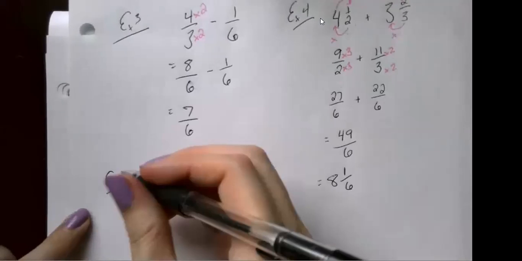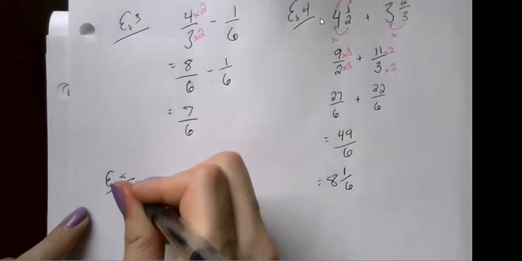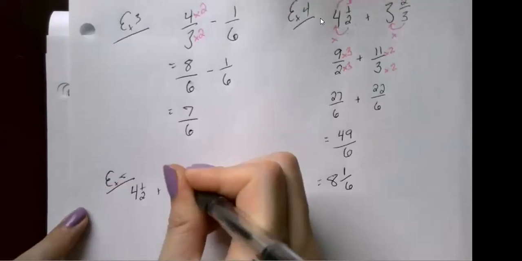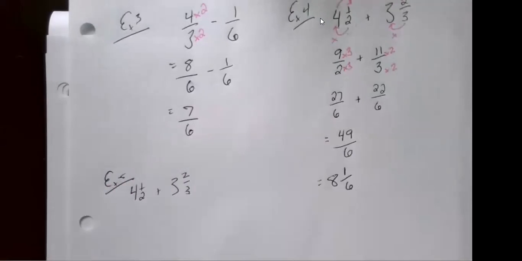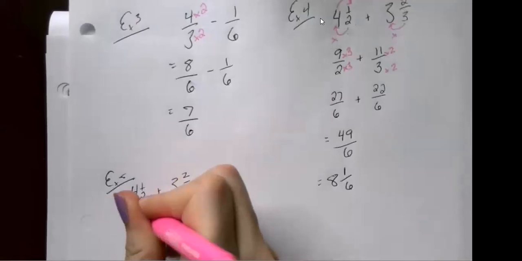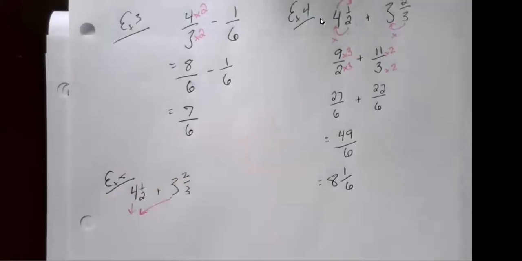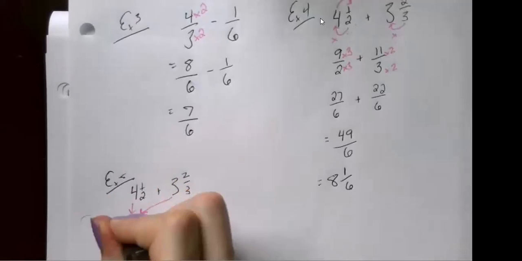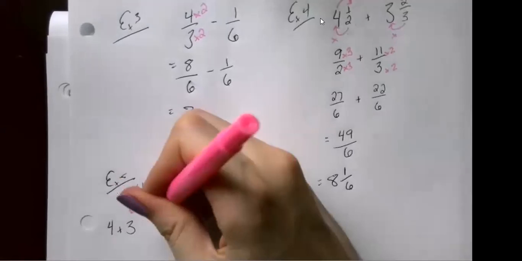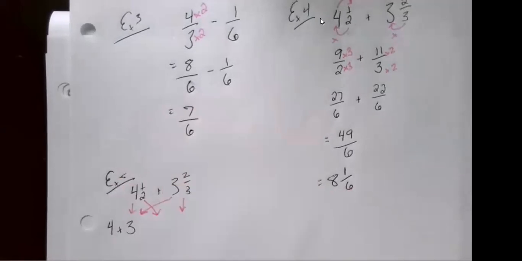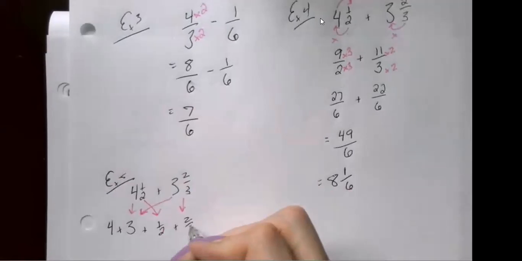So again, we're going to start with 4 1/2 plus 3 2/3. This time we're going to take our whole numbers and add them together. So 4 plus 3. And then we're also going to take our fractions and add those together. So plus 1/2 plus 2/3.